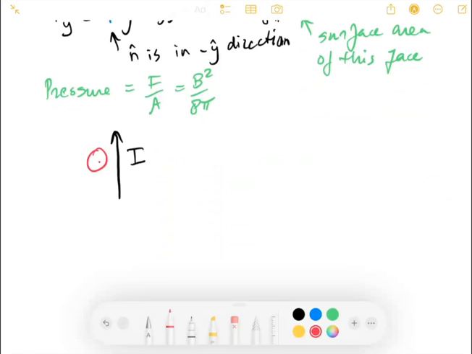The Lorentz force will be to the right, and it would be exactly B squared over 8 pi. And we get the direction. Do your right hand and your left hand rules. You get the direction and the magnitude.